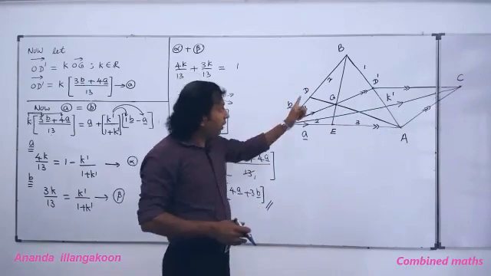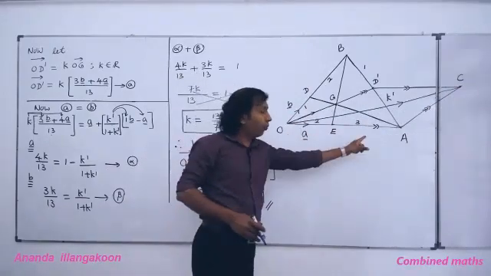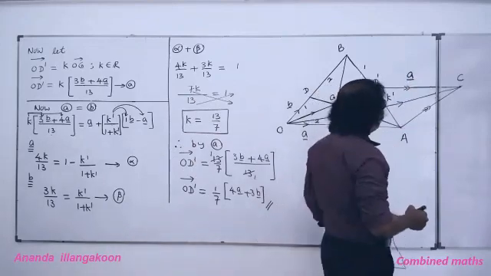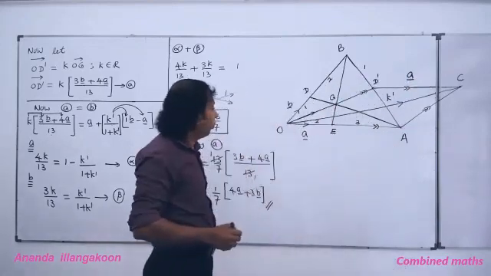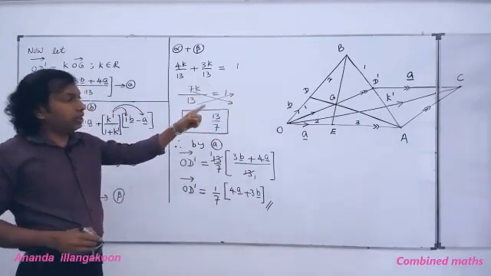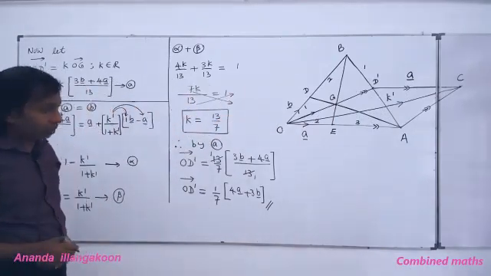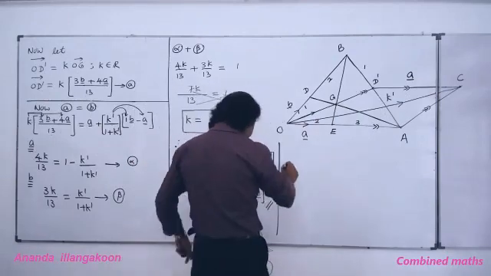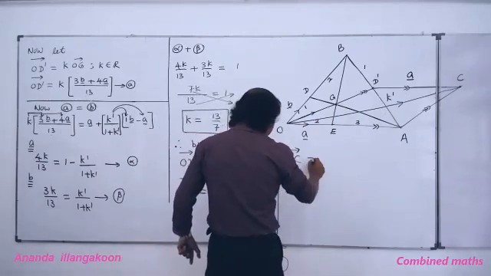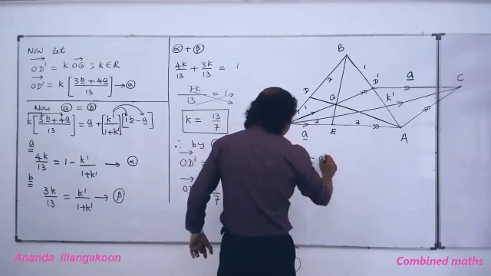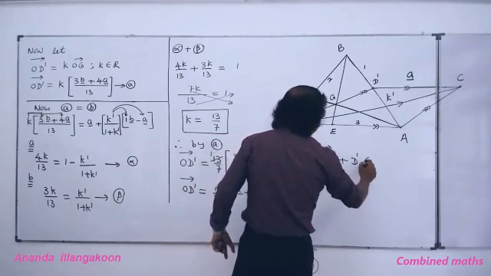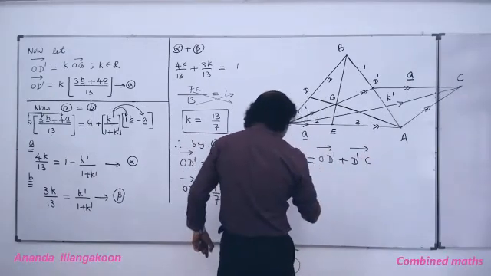So therefore, D dash C vector is equal to this OA vector simply. Therefore, OC vector you can write as OD dash vector plus D dash C vector.